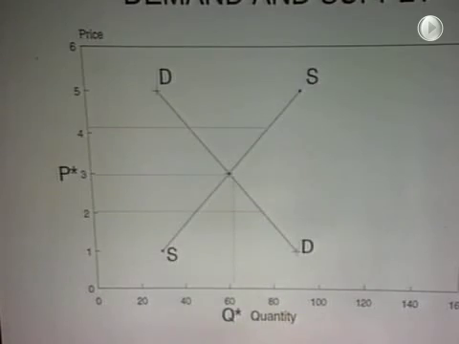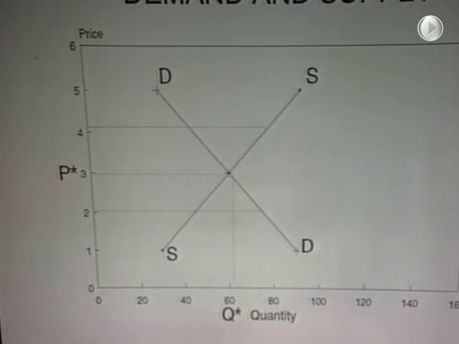As we've already seen, demand slopes downward from left to right, and supply upwards from left to right. Bringing the two together gives us our equilibrium price and quantity in the marketplace.